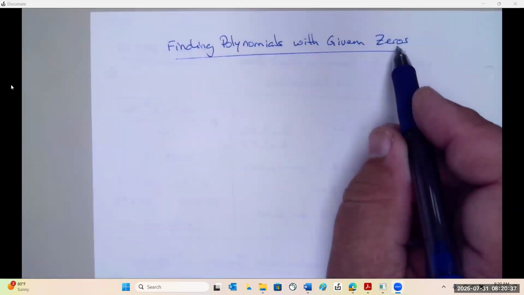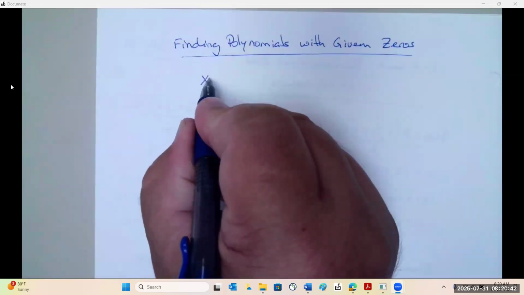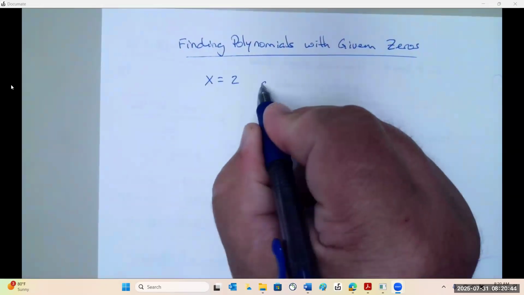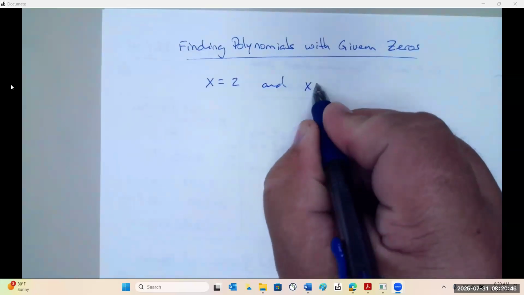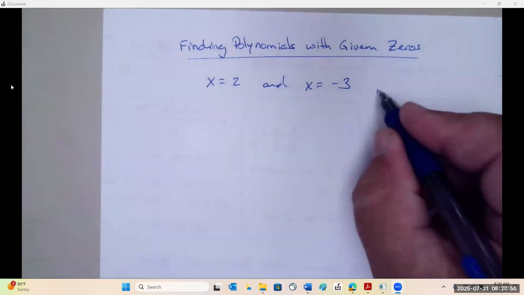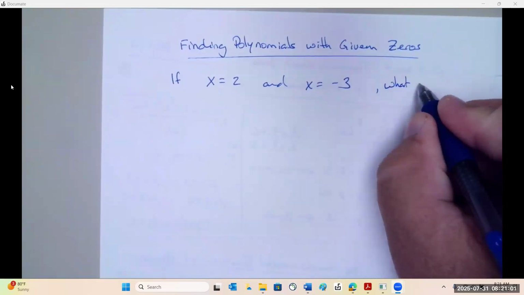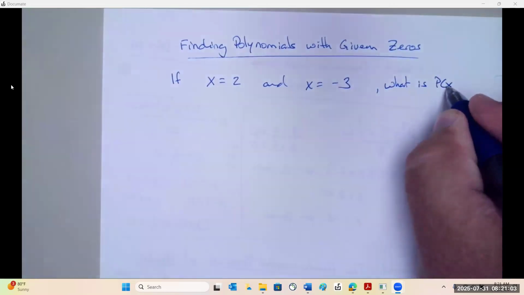A zero is a what? A solution, an x-intercept. So if I say the x-intercepts are at 2 and at -3, if those are my x-intercepts, my solutions, my zeros, what is my polynomial?